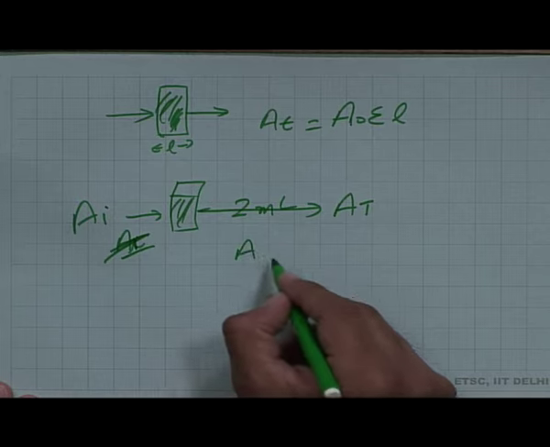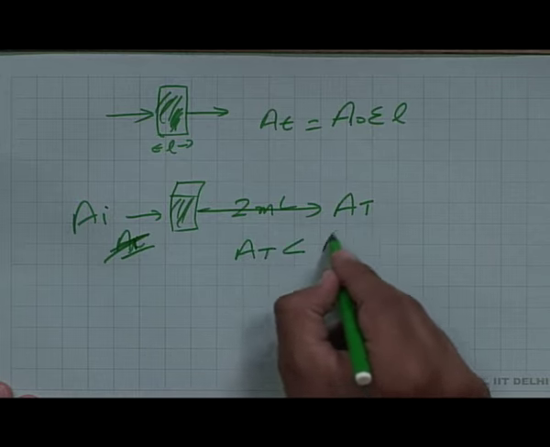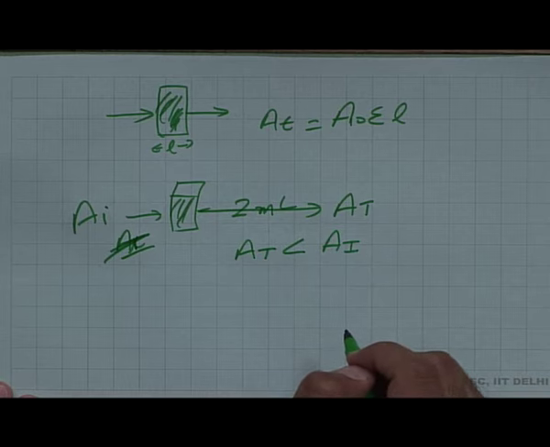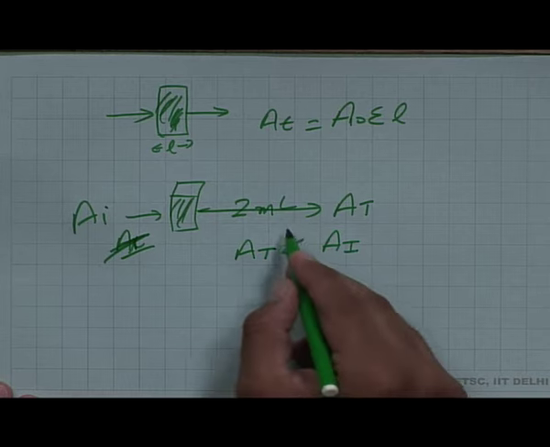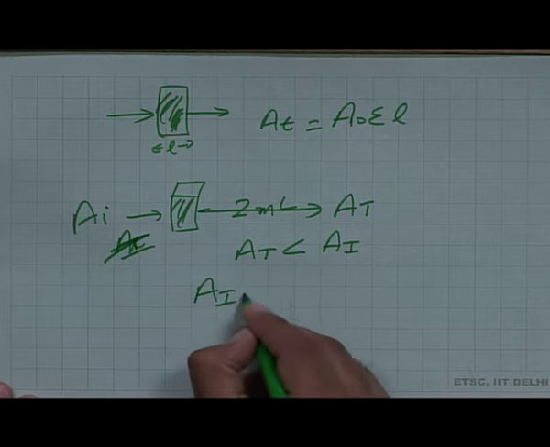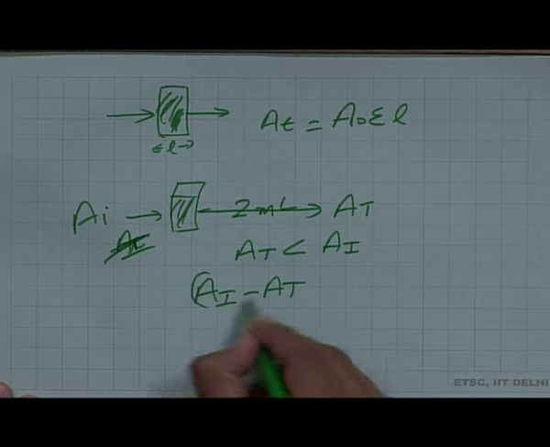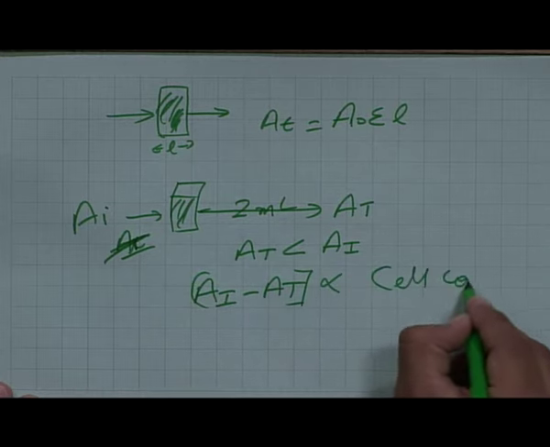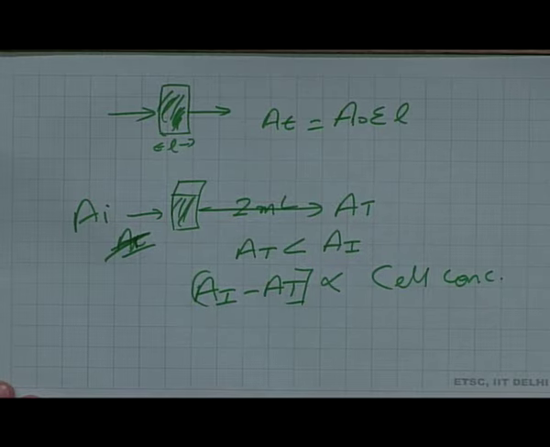Of course, A transmittance would be smaller than A incident because it is absorbed, right. And how much it is absorbed, which would be basically your A incident minus A transmittance, is proportional to your cell concentration inside the 2 milliliters.